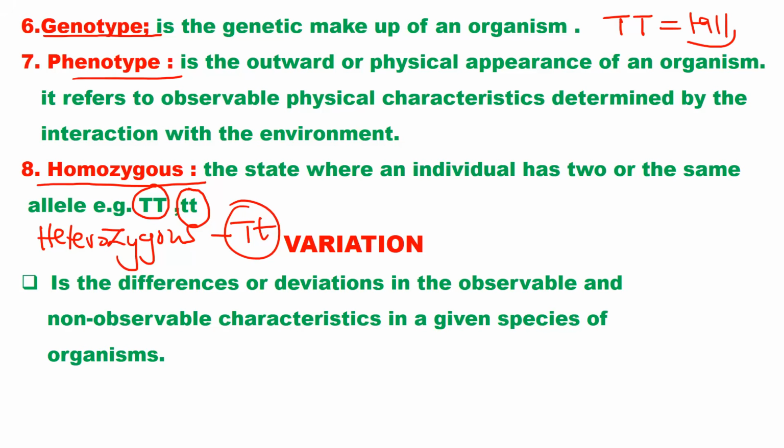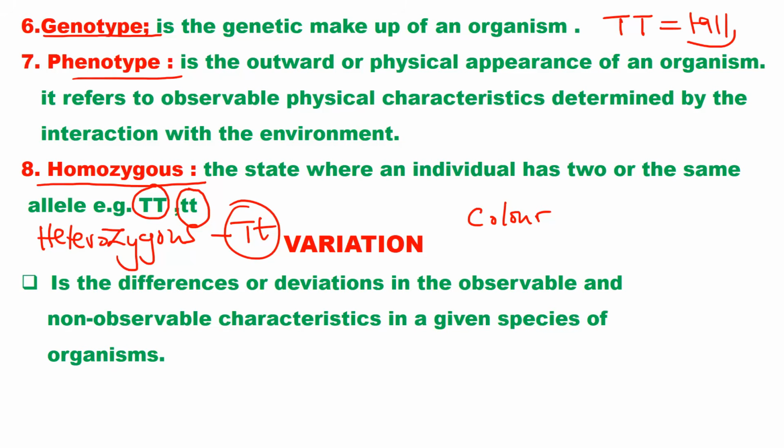If you look at humans, for example, in terms of color, you have black individuals, you have white, you have brown, you have coffee. They're different in terms of color. Or let's talk of height. Height is also different. Others are tall, others are short, others are extremely short. That is what we call variation. If we were to look at other characteristics such as eye color, even in plants, here we look at variation both in animals and plants.